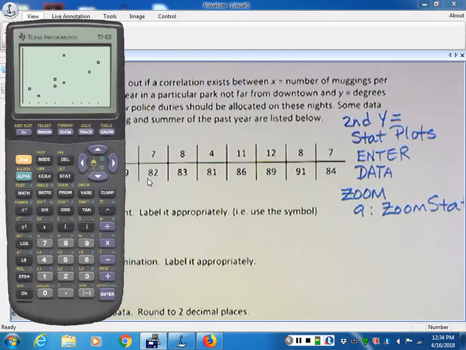Now the question we have to ask ourselves here is not, do those points line up in a perfectly straight line? Of course they don't. They absolutely do not. But with the exception of this point right here, which seems to be a little bit of an outlier, maybe, the rest of the points do kind of follow an uphill, linear kind of trend.